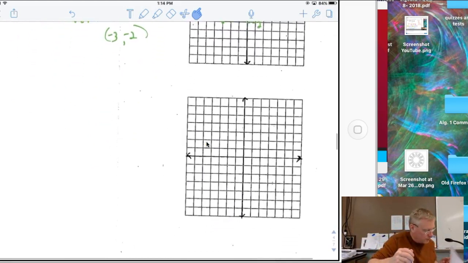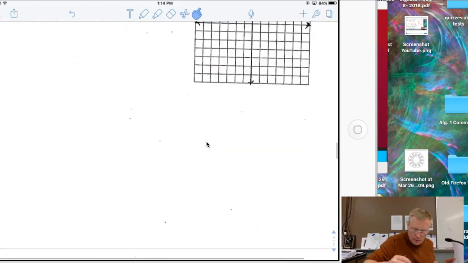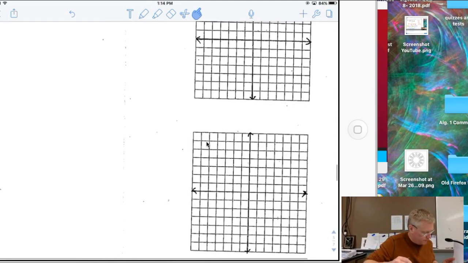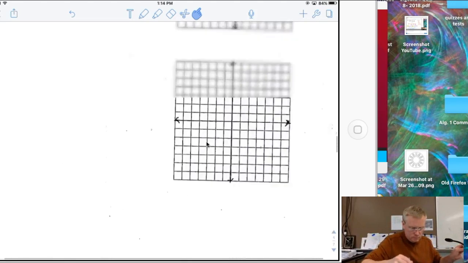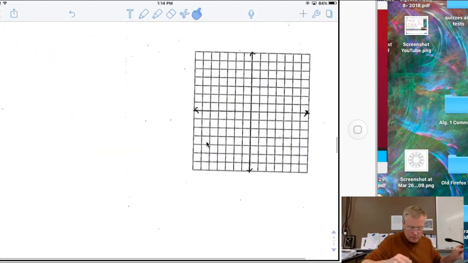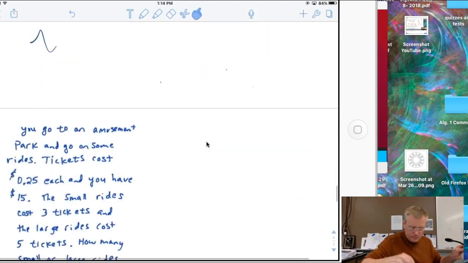I got one more problem to show you. It's a word problem. Number 6.